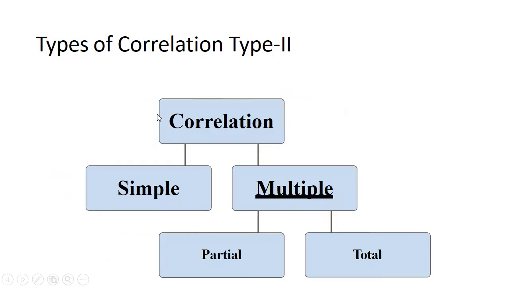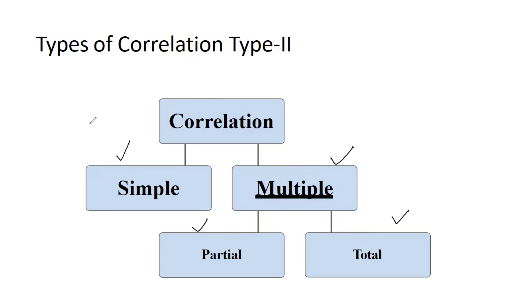Now the types of correlation, type 2. Correlation may be simple or bivariate correlation, or multiple correlation. The multiple correlation is again divided into two parts: partial correlation and total correlation.